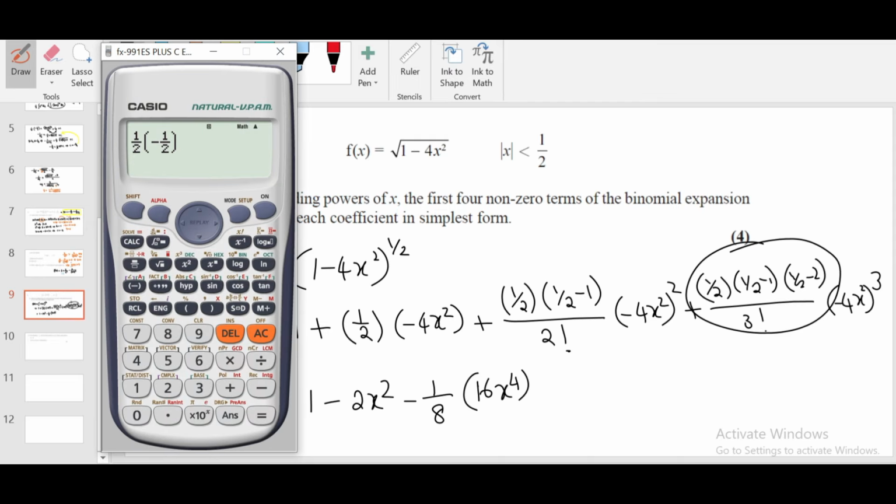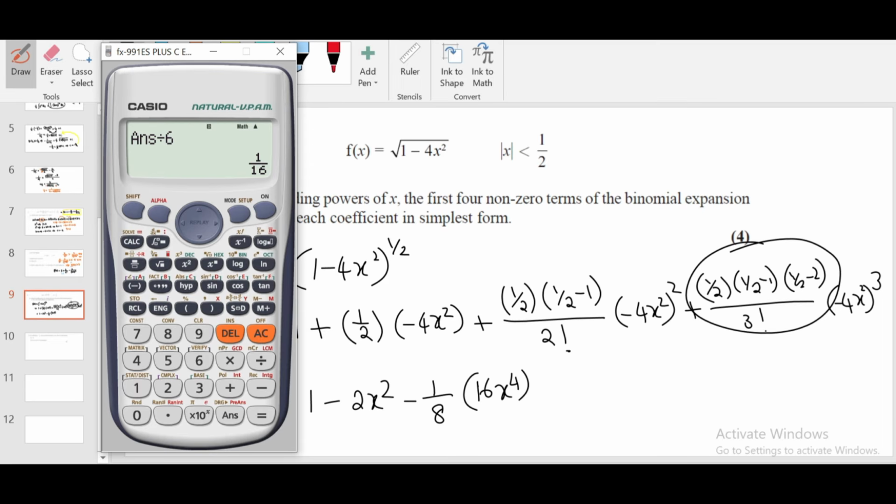So here I'm going to add one more. Yeah, half minus 1 is minus half. And then 1 over 2 minus 2. Divided by 3 factorial. 3 factorial is 6.